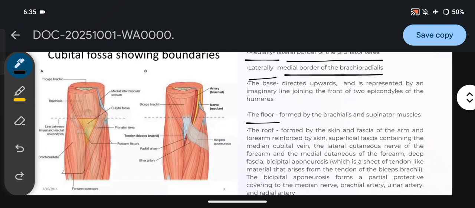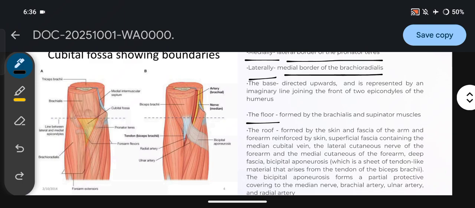Now the floor is formed by the brachialis and the supinator muscle, and the roof is formed by the skin and fascia of the arm and the forearm. Superficial fascia contains the median cubital vein, the lateral cutaneous nerve of the forearm, and the medial cutaneous nerve of the forearm.